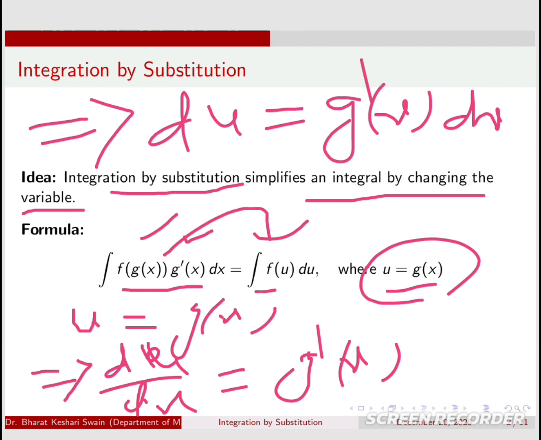And the value of g dash x dx will be du. Therefore, your integral will be only f of u du. Okay, and it is a simplified form which is integrated easily.